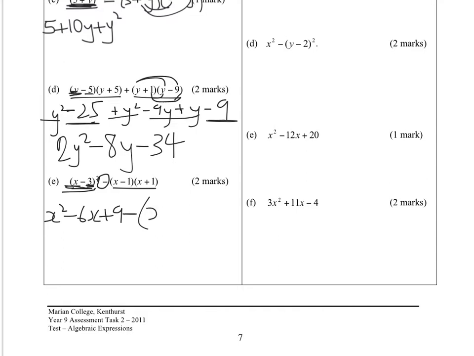Square the first, x squared, square the last, 1, and have a minus in between. So therefore, we have x squared minus x squared, which cancels each other out. We have minus 6x, that's the only x we have. Then we have positive 9 minus 1, which is plus 1, so it's positive 10.